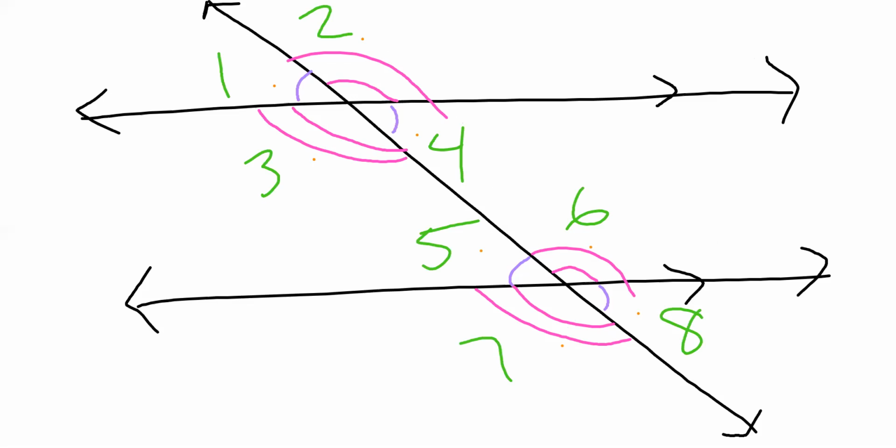And then we can also talk about a few other pairs. One of the pairs we'll talk about is corresponding. I often shorten this to CO, corresponding. Corresponding angles are angles that are in the same position.